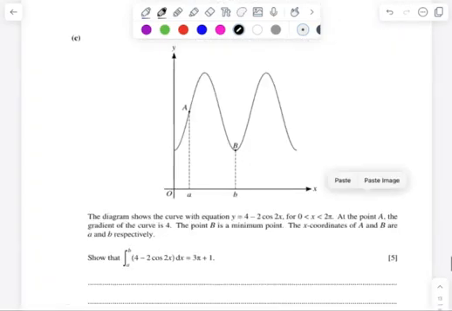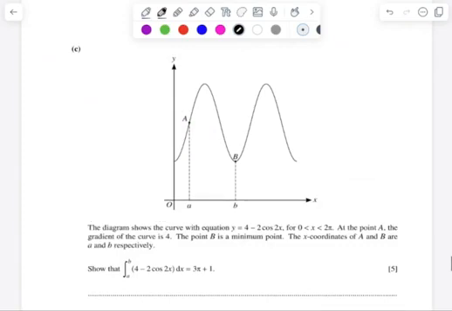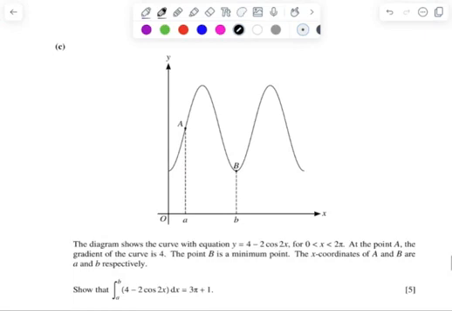So the diagram shows the curve of that for x between 0 and pi over 2. Okay, so what we've got is a transformed cos graph. So y is equal to 4, so we know that this is going up for 4.